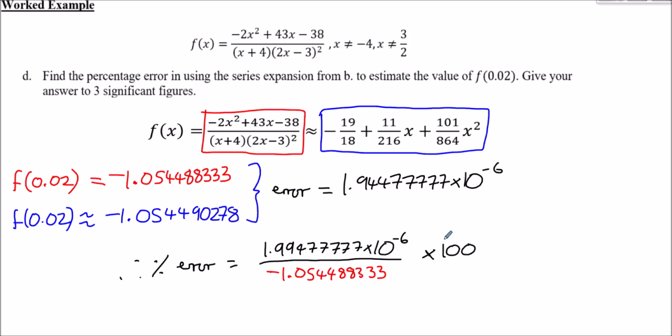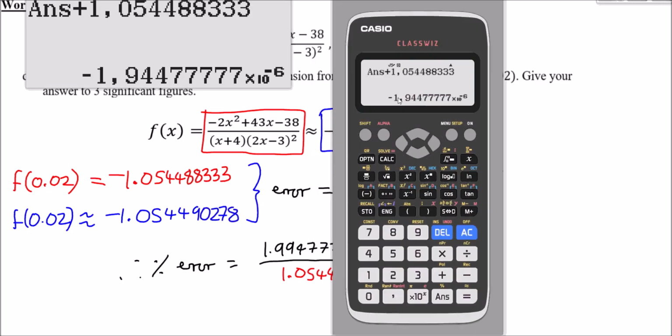But because a percentage error has to be a positive value, we could actually just interpret this as just the size of this, because this is going to come out as a negative because of this negative at the bottom. So what we could do here is just scrap that, knowing that a percentage error only makes sense when you have a positive percentage. So using what's stored on the calculator, we've got the actual difference.